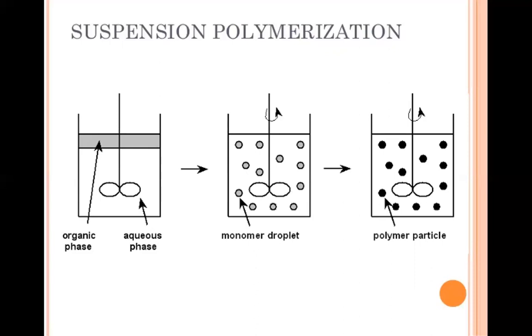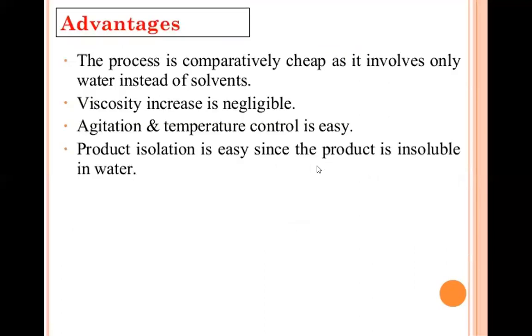After the polymerization process is over, the product obtained is in the form of droplets, which is known as polymer particles. So this is about suspension polymerization.